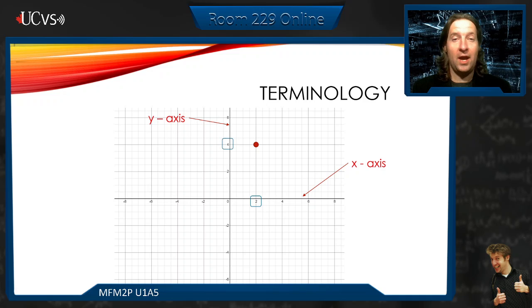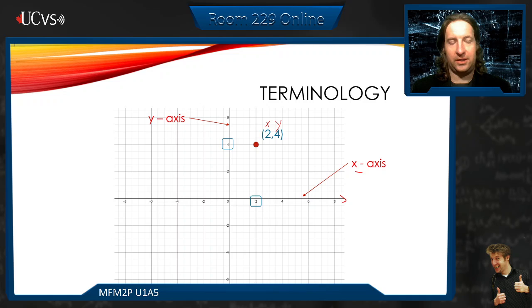Along the x-axis we have a value of 2, and on the y-axis we have a value of 4. We put it together in what we call a coordinate. So this point has a coordinate of (2, 4). Again, we go x first, because that comes first in the alphabet. So our x value is 2, and then we have our y value of 4.